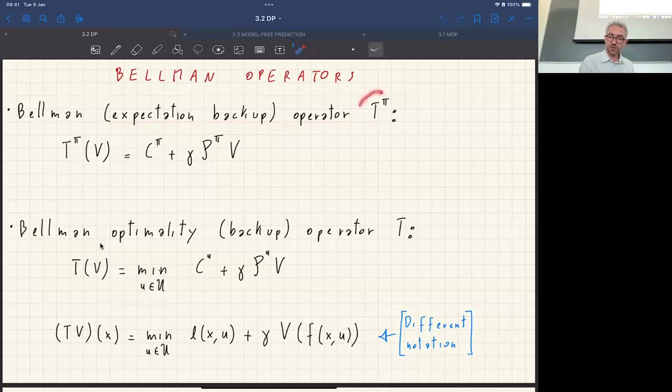We're going to represent it with this symbol T pi. And it works in this way. It takes as input a value function V, and it gives as output a new value function, which is computed in this way. It's computed by evaluating the cost plus discount factor times probability transition matrix times the input value function.